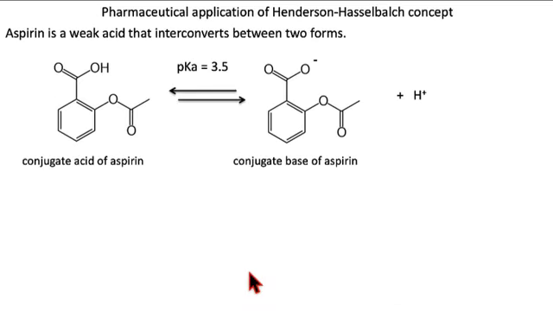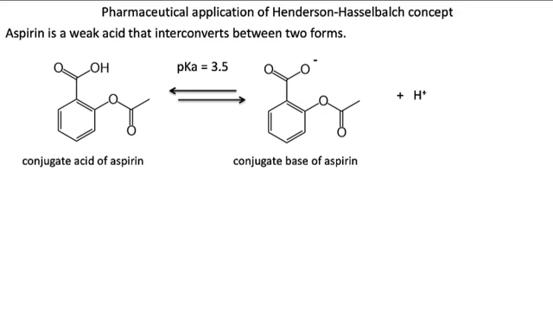Many pharmaceuticals have acidic groups or basic groups and therefore exist in equilibrium between an acid form and a conjugate base form. And the pKa of these drugs can affect their absorbance in the intestine and how they're distributed throughout the blood.